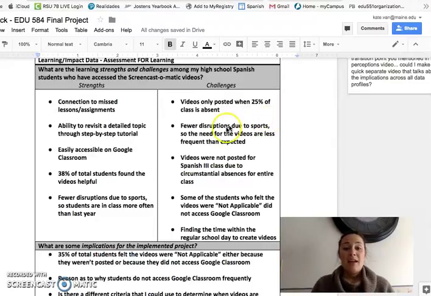So, and then to balance out the fewer disruptions on the strength side, the fewer disruptions on the challenge side due to sports and extracurriculars is exactly tied into the 25% of the class as well.